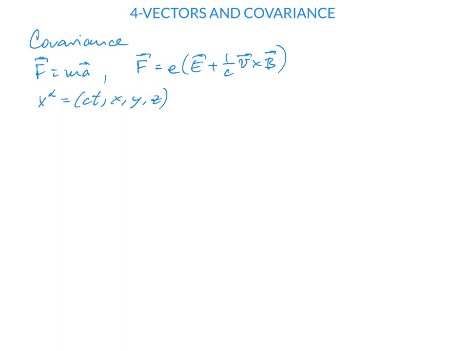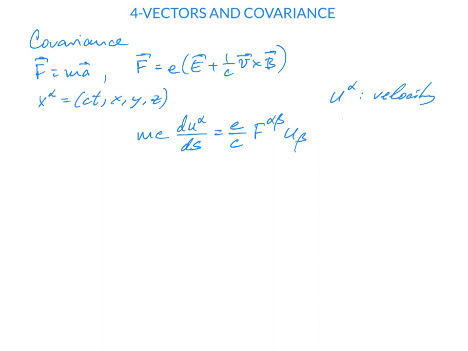but we should seek to find a 4-vector representation of any physical laws that we want to derive. So when we do that, in particular, we'll find that we can write the expression for the Lorentz force, or the equation of motion of a charged particle interacting with the electromagnetic field, in a way that looks like mc du^alpha/ds = (e/c) F^{alpha beta} u_beta, where u^alpha is a 4-vector velocity, ds is the interval, and F^{alpha beta} is a tensor representing the electromagnetic field.